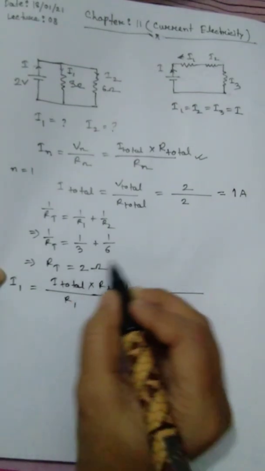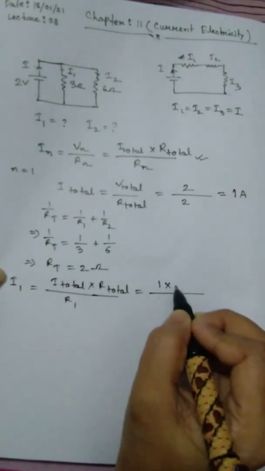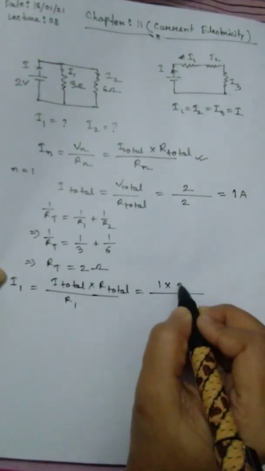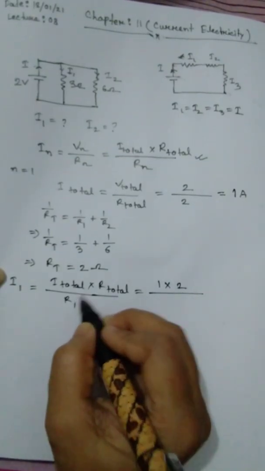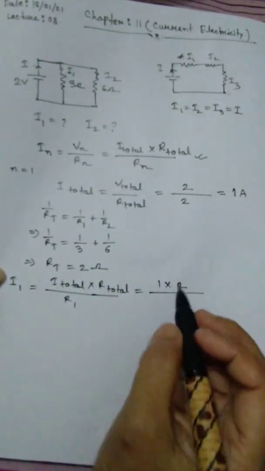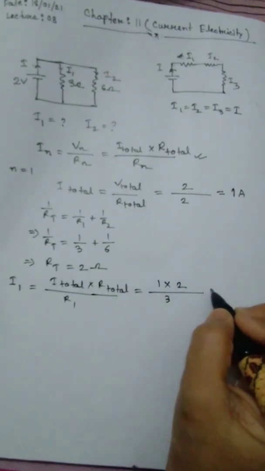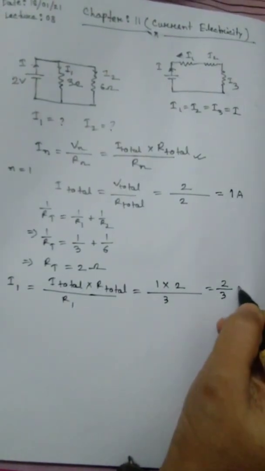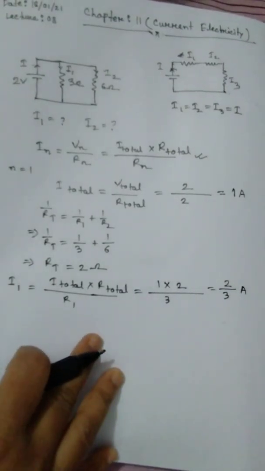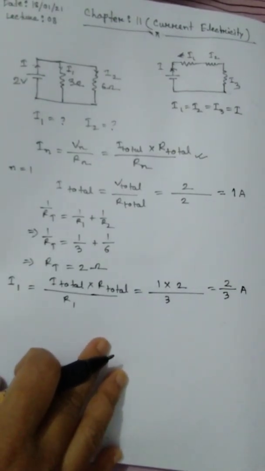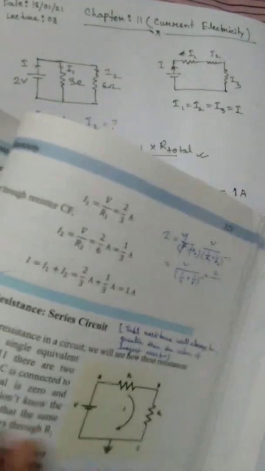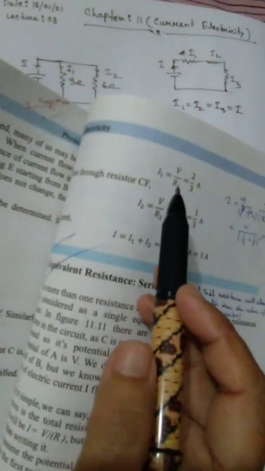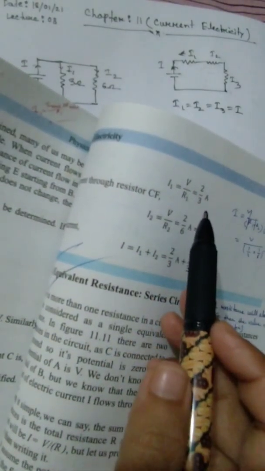I total is 1 amp, R total is 2 ohms, and R1 from our circuit is 3 ohms. That means 2 divided by 3 amps. If you compare it with the result in your book, the result is the same: I1 equals V divided by R1, 2/3 amps.